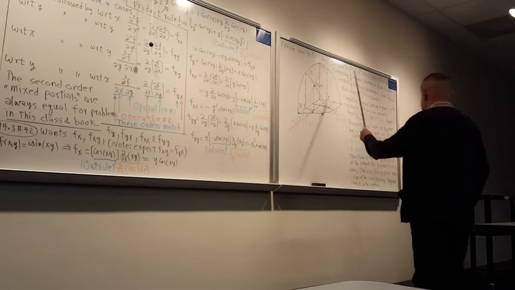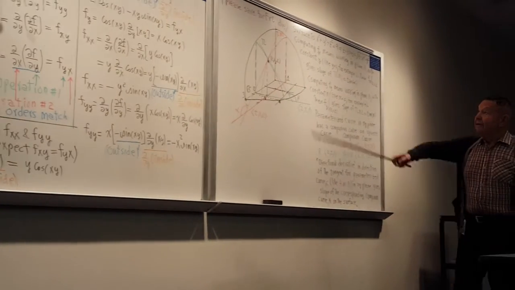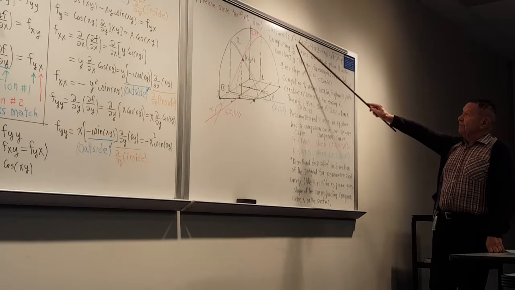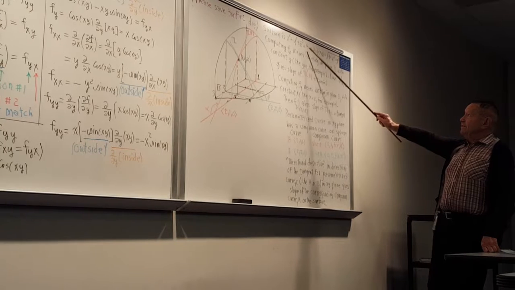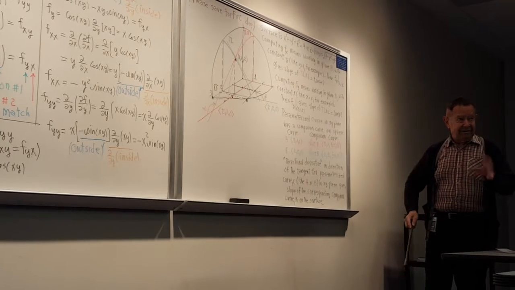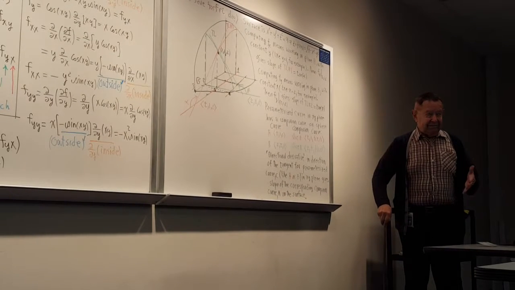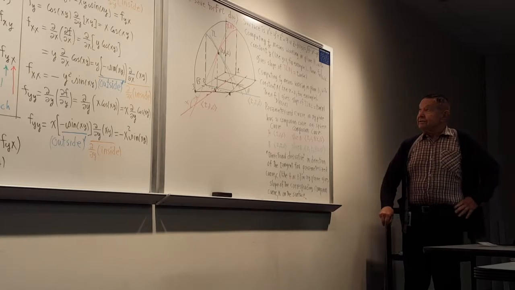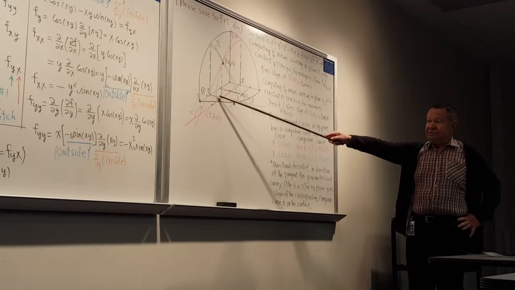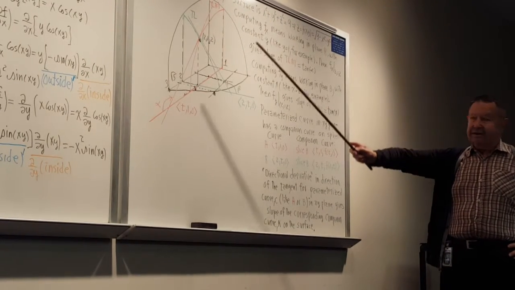I'm thinking here of a surface, and if I type x squared plus y squared plus z squared equals 9, that would actually be an entire sphere centered at the origin, radius 3. So then what I have is actually 1/8 of what this surface would be in my drawing.